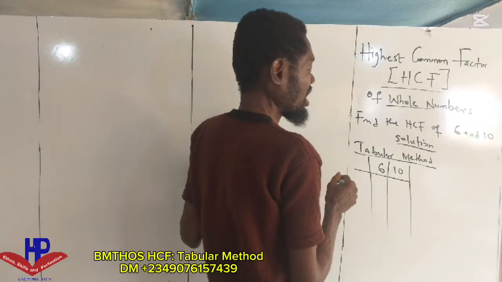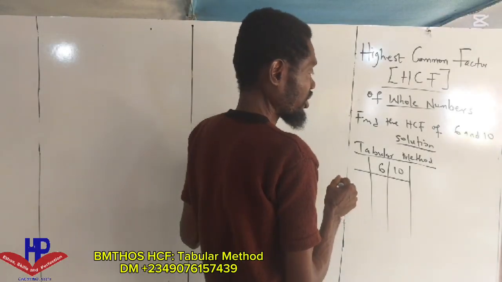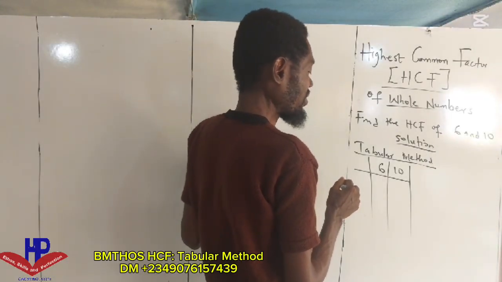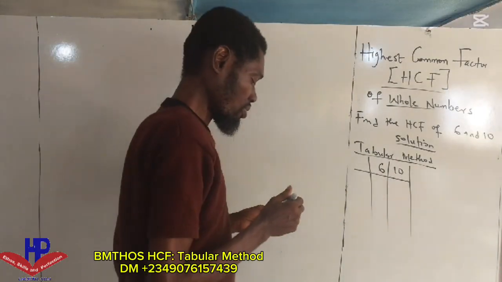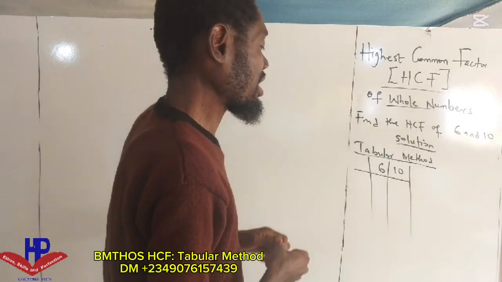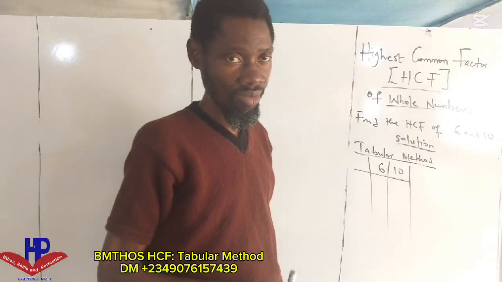You start with the smallest factor that can divide 6 and 10. If there is no factor that can divide 6 and 10, your HCF will be 1.